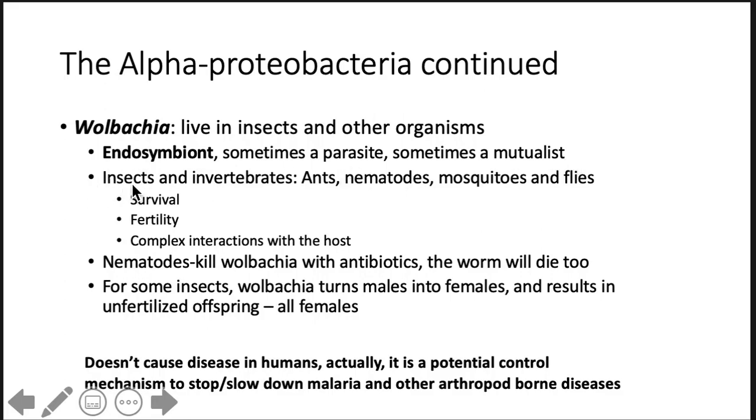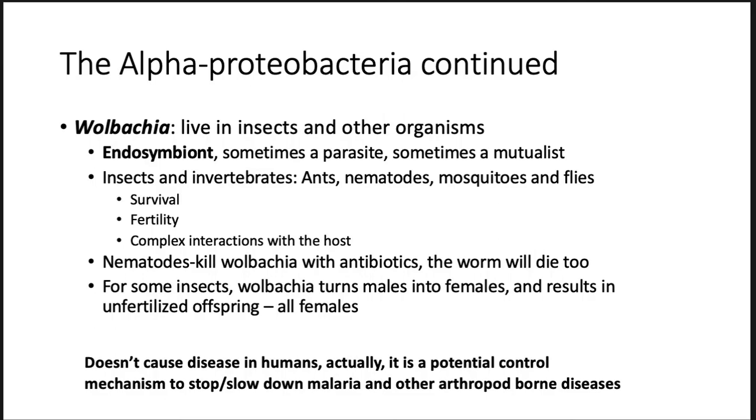In some insects and invertebrates, such as ants, nematodes, mosquitoes, and flies, if you were to give an antibiotic treatment to kill the Wolbachia bacteria, the organism will die. So their very survival is linked to the presence of Wolbachia.